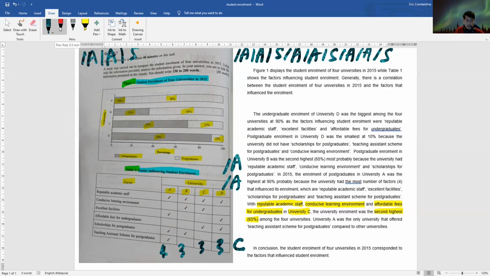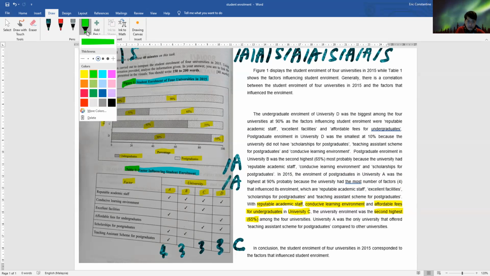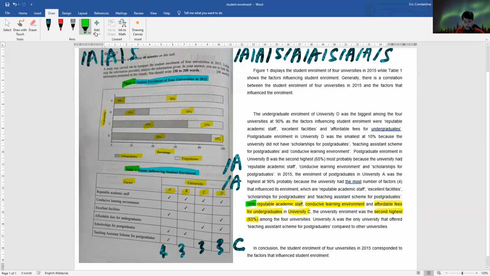Sometimes the students they just use this. Of course, you didn't see the words like most probably because, or is due to. There are many ways to write the synthesis.